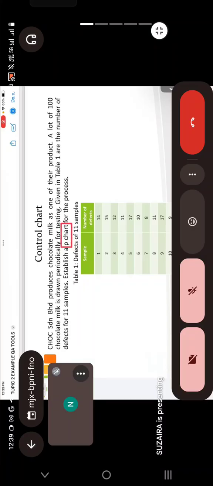Because they already mentioned what kind of chart you need to develop. So you just remember the equation. Okay, P bar is equal to this one divided by M, and then the other one is plus 3 Z, blah, blah, blah, right? And this one is for the P chart.